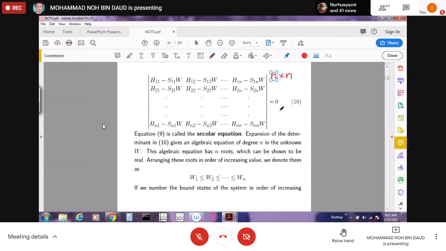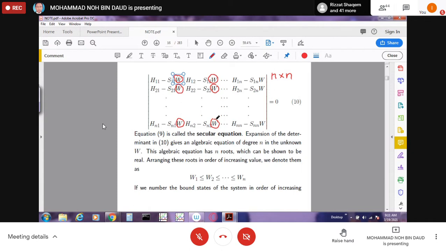If we can construct this n by n secular determinant, we can find n roots. These are the roots we want, to get the approximate energy.